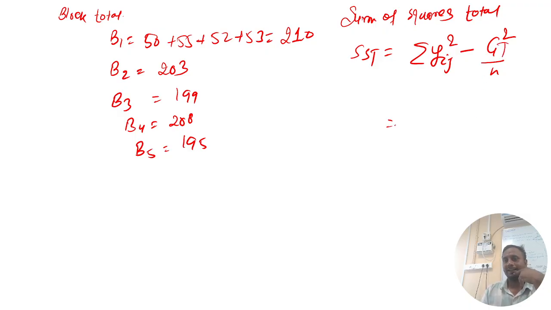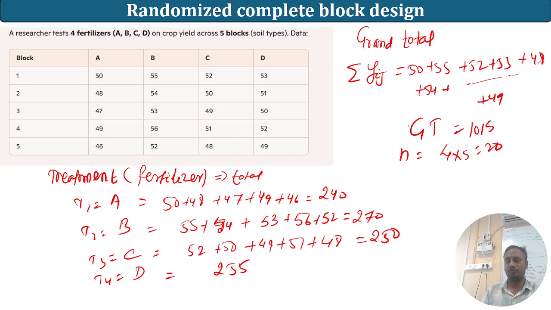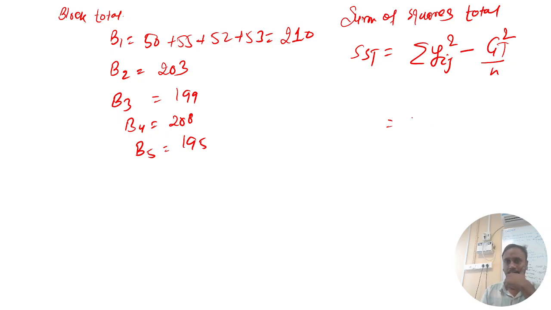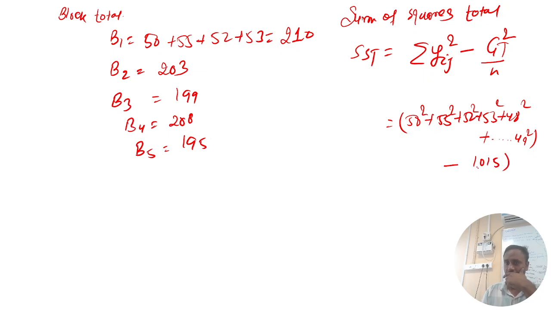So 50 square plus 55 square, 52 square, 53 square plus 48 square, and so on till 49 square, minus GT square by N, 1015 whole square by N. How much do we have? 1020. You will check how much this comes to.